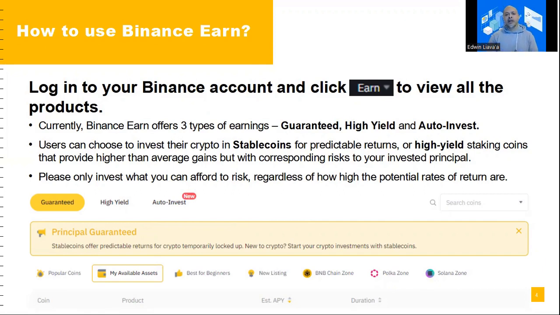Stable coins are cryptocurrencies comparable to a fiat currency like the US dollar, the euro, or the Australian dollar on a 1-to-1 ratio, right? And they have predictable returns. So it is important for you as a beginner and someone who's new to the crypto space to understand these things. It's going to help you have some predictable returns on your investments.